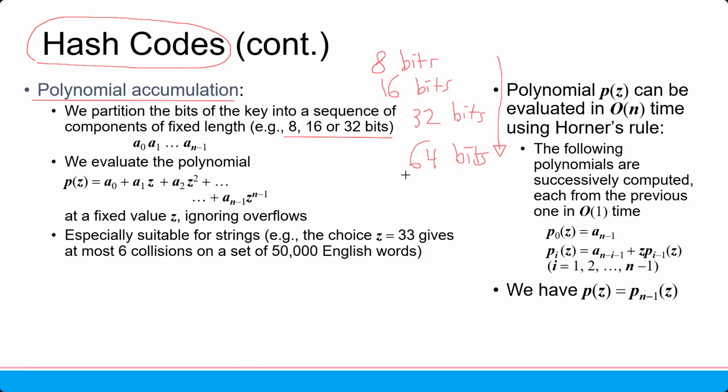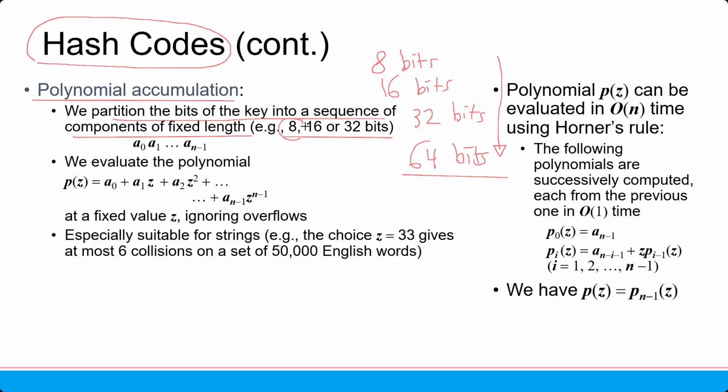But when you have high bits, it means you need to know how much time the computation will consume. So the partition of the bits of the key into a sequence of components of fixed length.